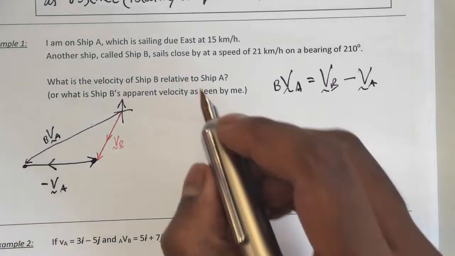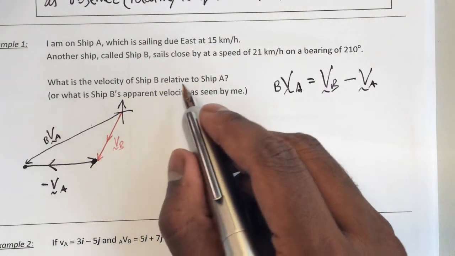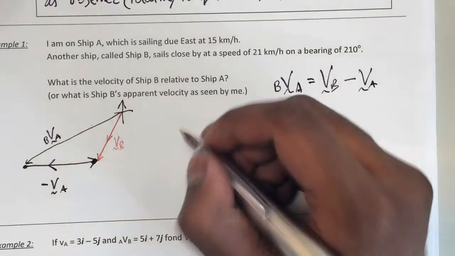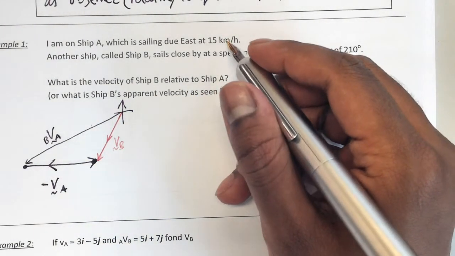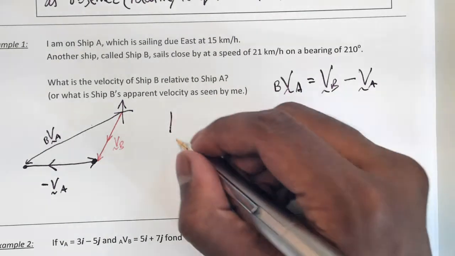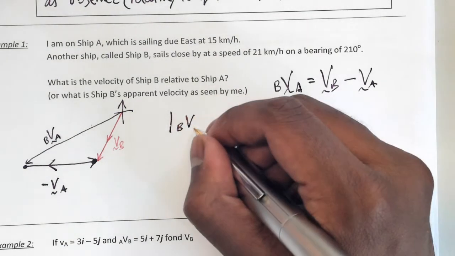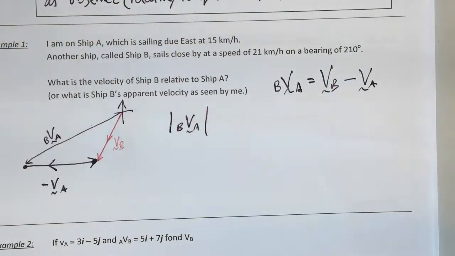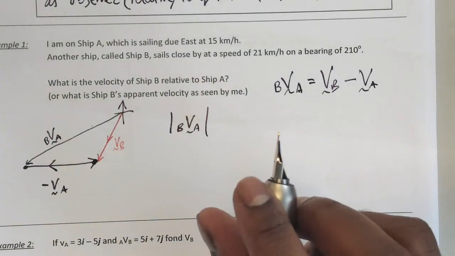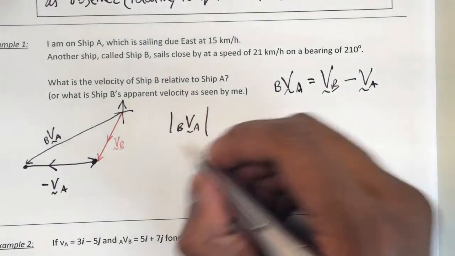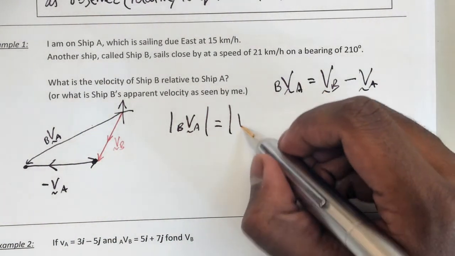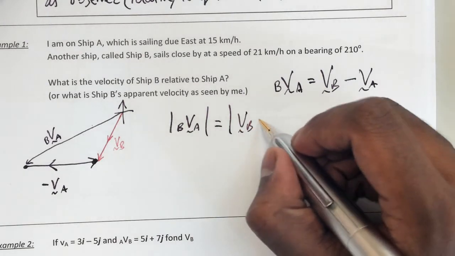So let's see, what is the velocity of ship B relative to ship A? So the velocity in this case, because these are velocity vectors, is just the magnitude. So we want the magnitude of VB take VA.